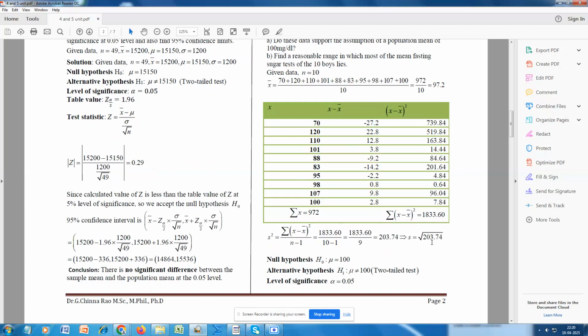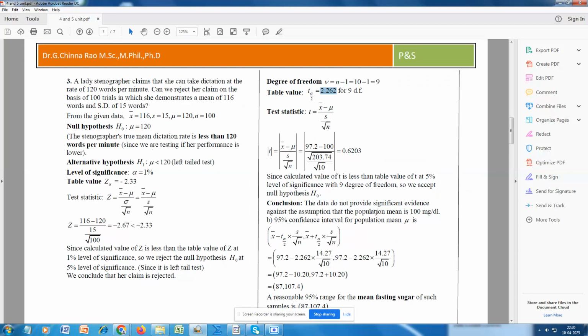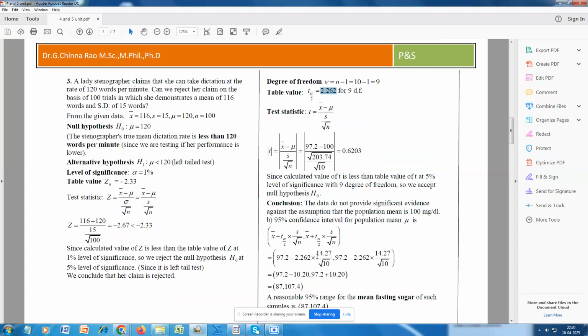S is root 203.74, which is simplified as 14.27 by root 10. 97.2 minus 2.262 into 14.27 by root 10. After simplification, we have 87, 107.4.